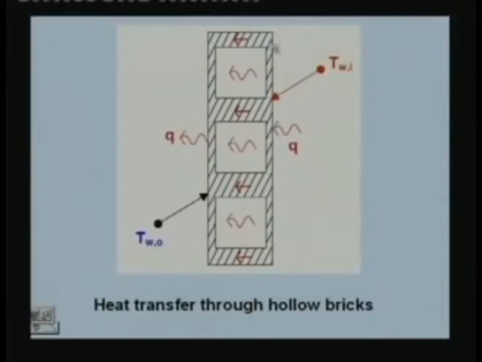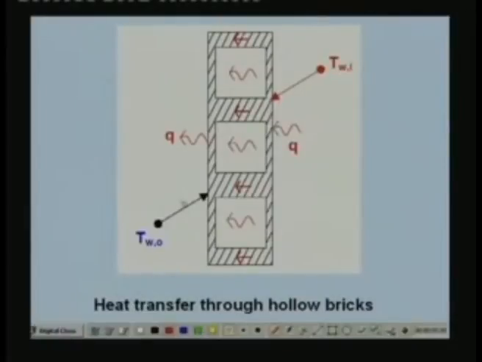You can see here that heat transfer takes place by conduction through the solid material of the wall, and through the air space you have heat transfer taking place by radiation as well as convection as well as conduction. So you have a multimode heat transfer problem here: conduction, convection and radiation.